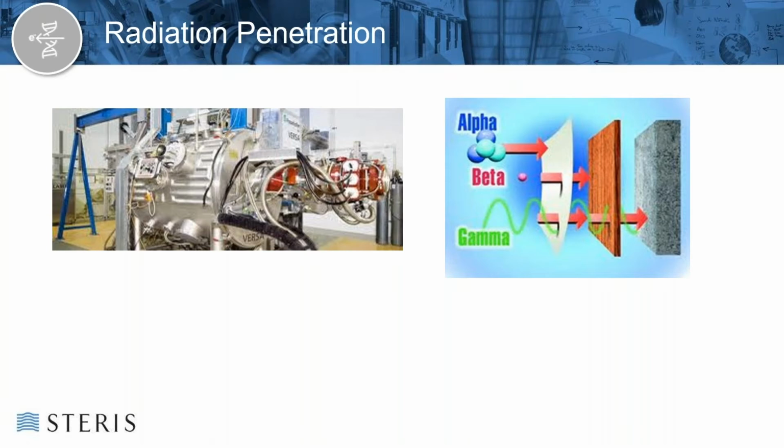Because it's large, because it's charged, because of its energy, it does not penetrate materials very well. You can see that it's getting stopped by a sheet of paper. It's still hazardous to humans. If it gets in your lungs or mucous membranes through smoke or inhalation, it can damage and potentially cause cancer.